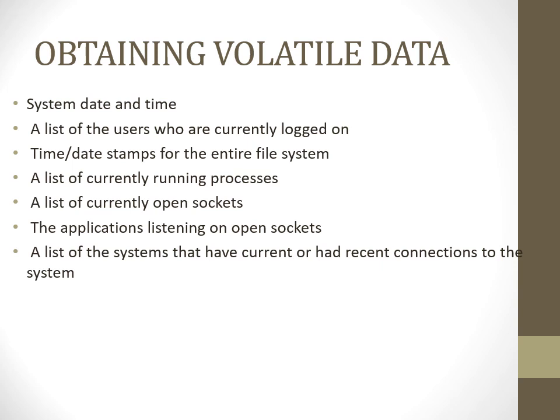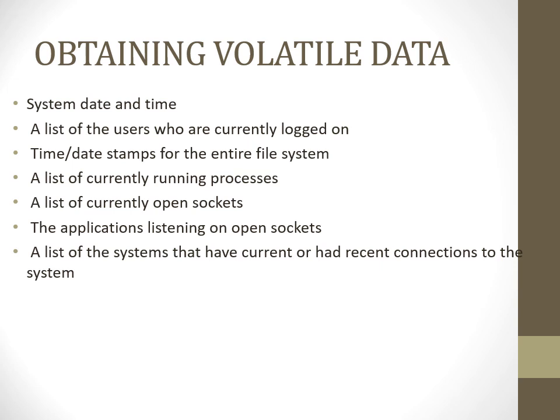We also need time or date stamps for the entire file system. When we say we need time or date stamps for the entire file system, we want to collect the metadata of a particular file. Metadata simply means data about the data.